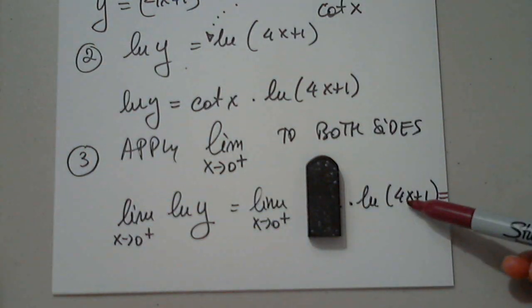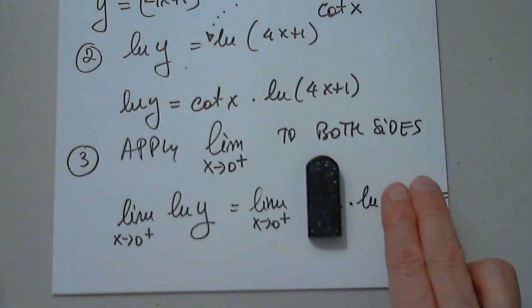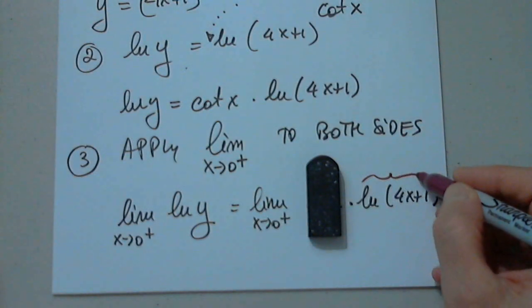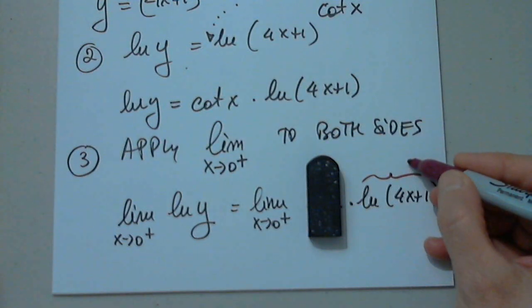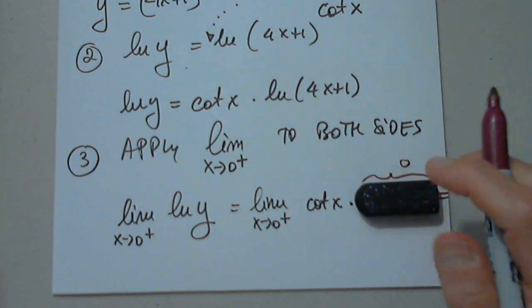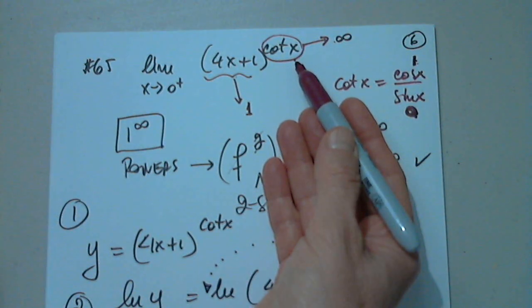When x approaches 0, where is this going? 1. Good. How much is natural log 1? 0. Perfect. Excellent.